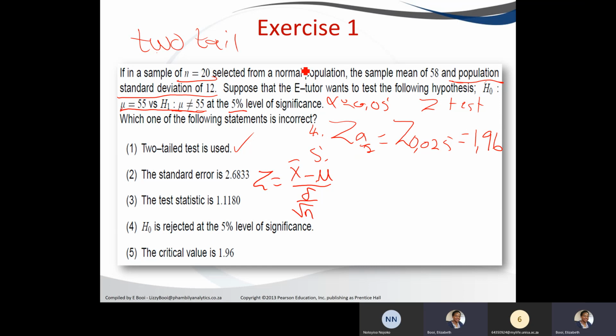So we know our standard error is the standard deviation divided by the square root of n.